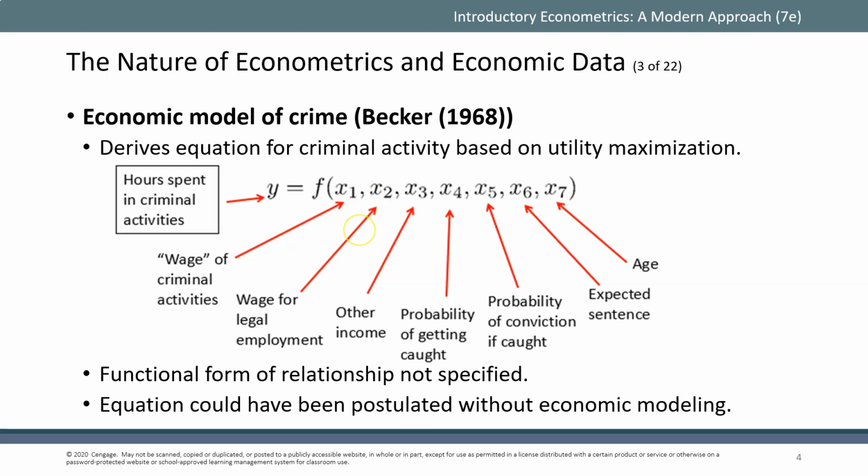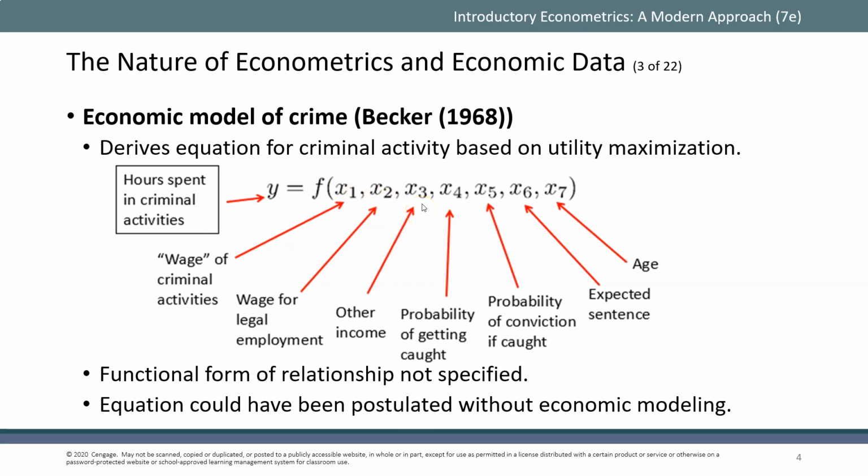So essentially, this is the benefit part of engaging in a criminal activity. The next is the opportunity cost of engaging in criminal activity, for example, the wage for legal employment. If the wage for legal employment is very high, then why go for a criminal activity? So this is essentially the opportunity cost, and you have to compare these two variables.